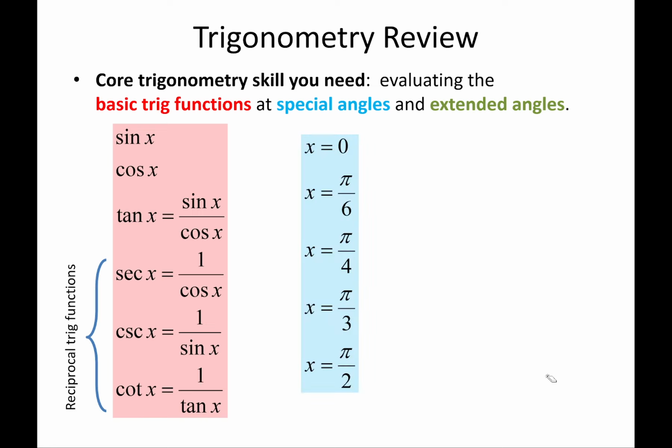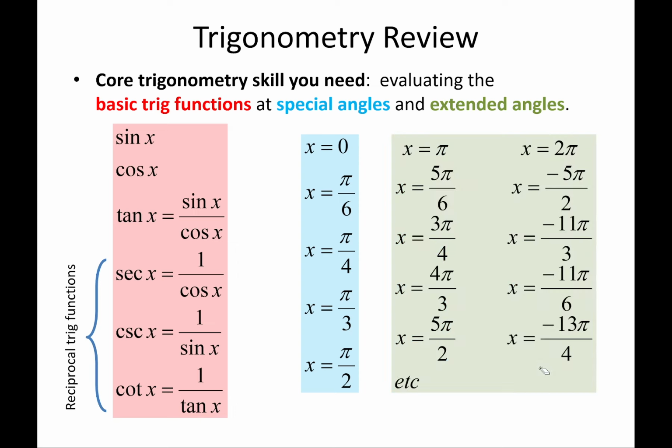In terms of the special angles that we're going to evaluate all of these functions at, we have 0, pi over 6, pi over 4, pi over 3, and pi over 2 being the special angles that are in what's called the first quadrant, the first 90 degrees of the unit circle. We also have the extended angles. There's lots of these. So an example of an extended angle would be negative 11 pi over 6. When we describe negative angles, we're going to describe traveling around the unit circle in a different direction than positive angles.